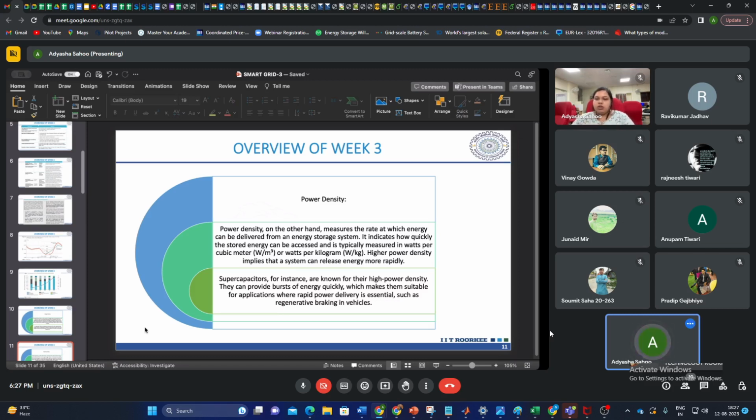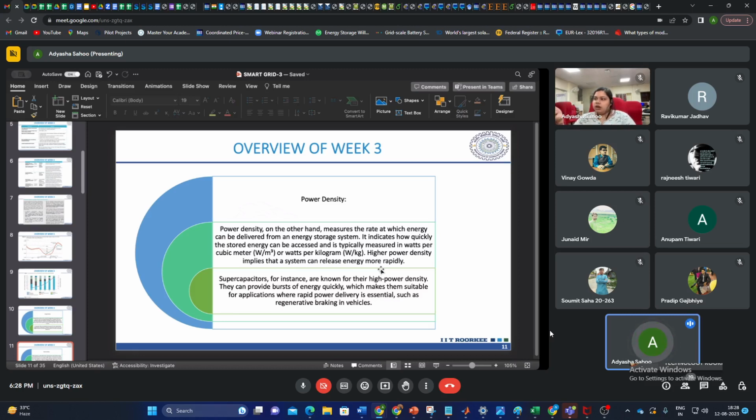Its unit is watt per meter cube or watt per kg, and high power density implies that it can release the energy more rapidly. An example of such technology is the supercapacitor. Within seconds they can charge or discharge.